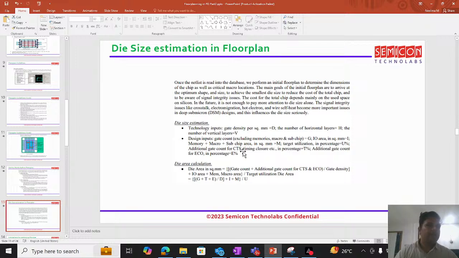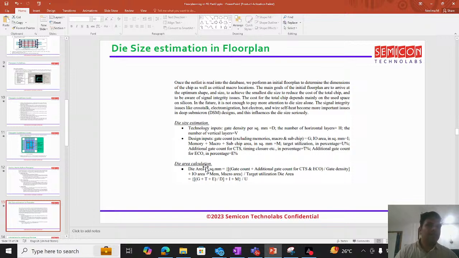Once we have the values, these values will be put into the formula in order to get the die area calculation. Generally the rule of thumb is, if it is a low power design, we give another 5% of the utilization area. If it is a lower technology node, another 5%. For example, for a lower technology node we start with 40-45%, and for a low power design we start with 30-35%. That's how we start.